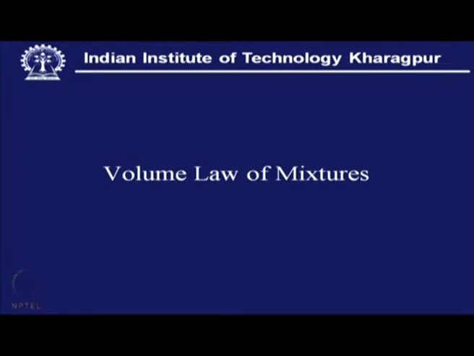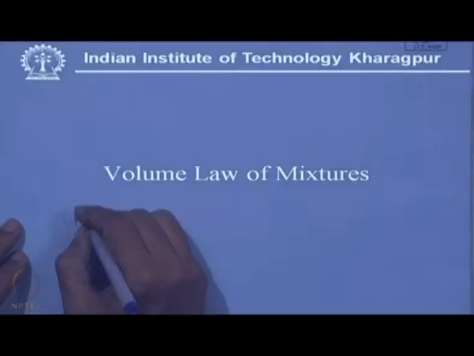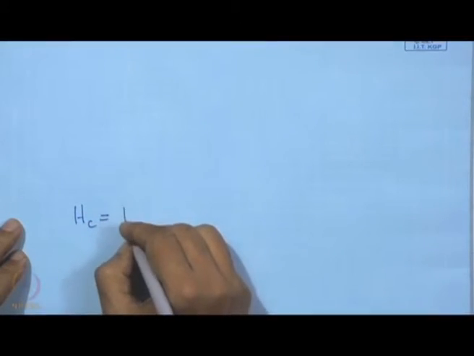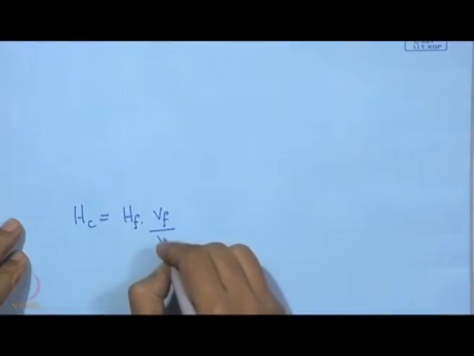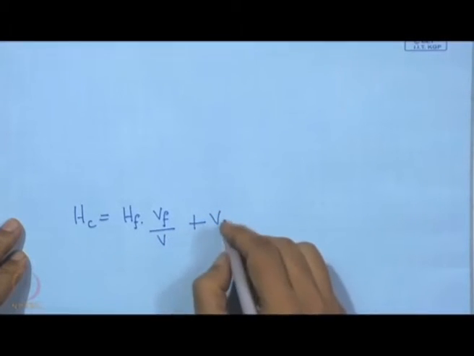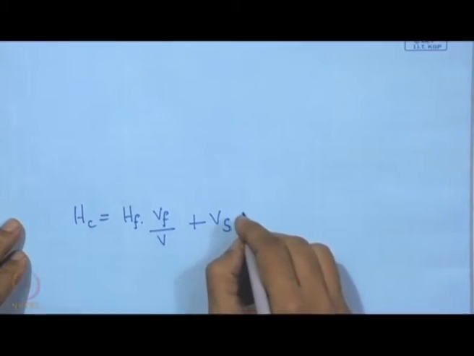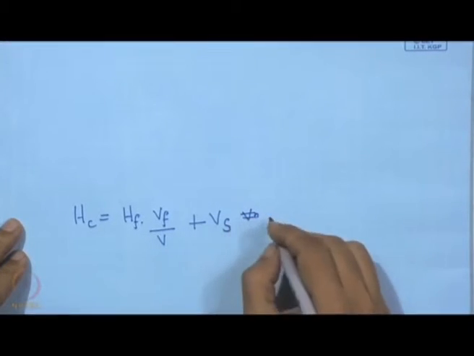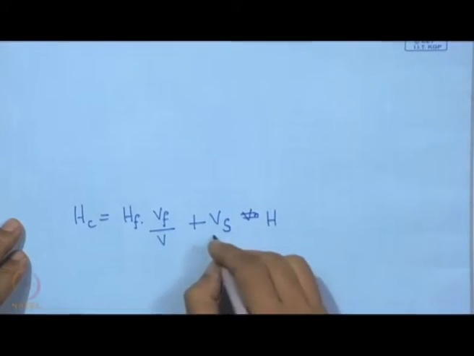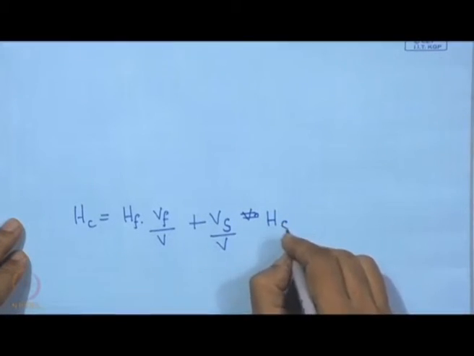Then there is another way of working that is called the volume law of mixture. So, in this case we can write that Hc is equal to Hf into Vf by V plus Vs by V into Hs.